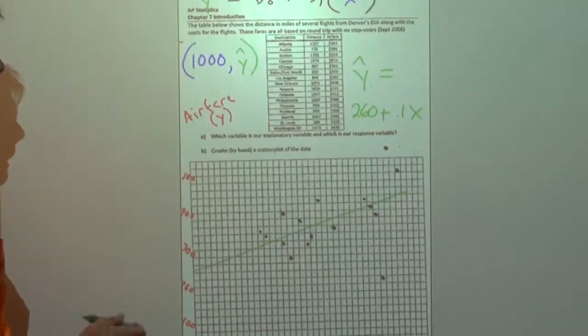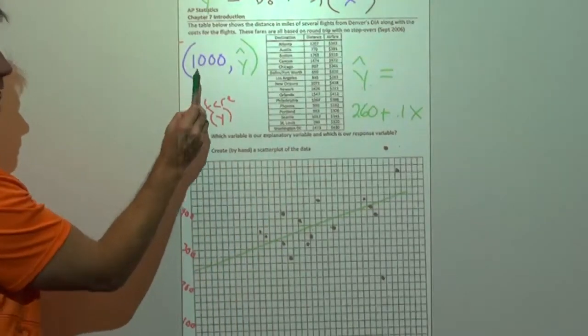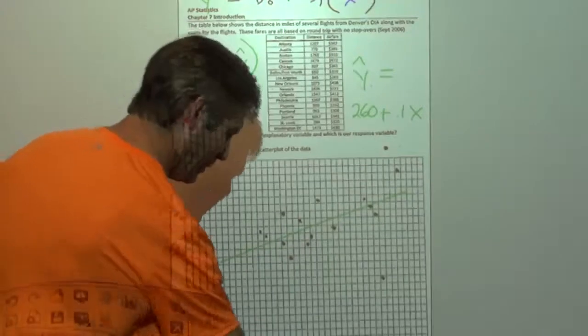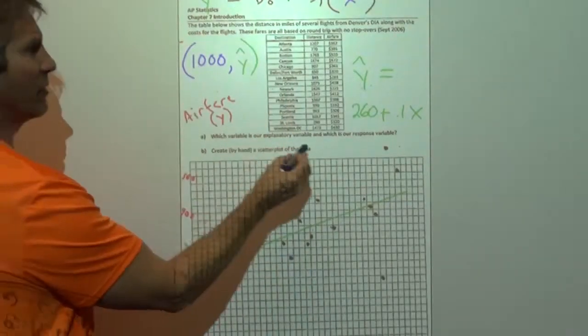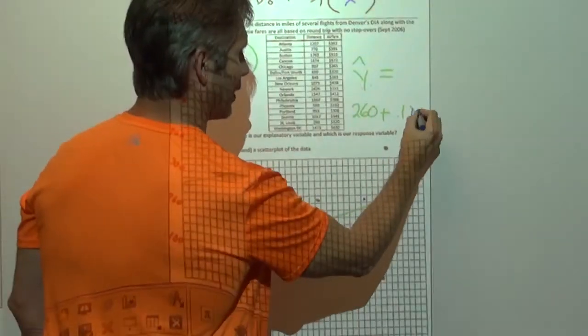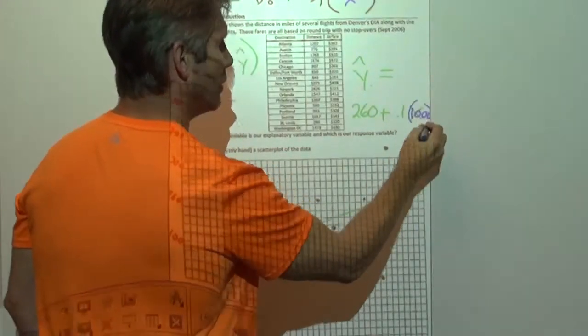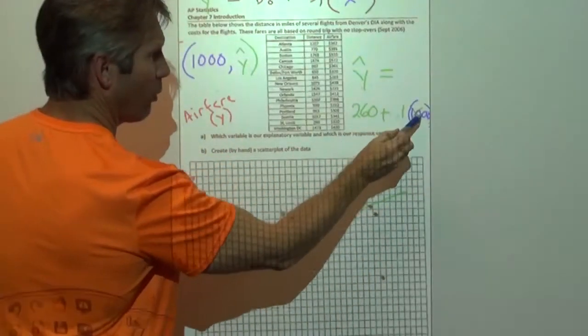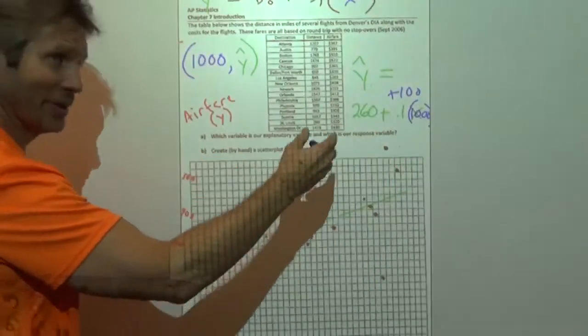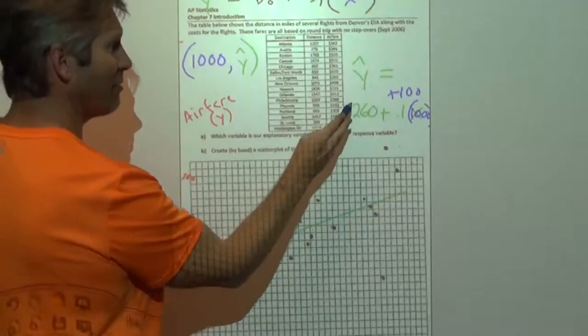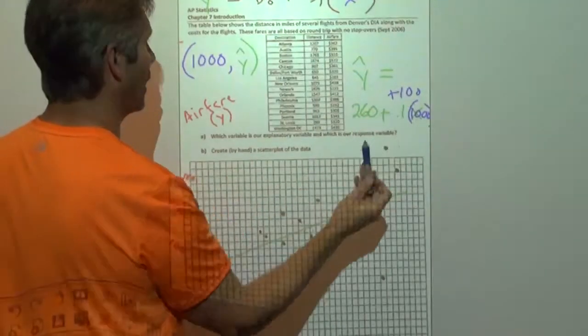So if that were the case, we could plug in, I'm sorry, 1,000. We'd type in 1,000 miles for the X, so we'd replace this with 1,000. We'd multiply that by 0.1, giving us 100. So this is really sloppy, but we're okay. So the predicted airfare would be 260 plus 100.